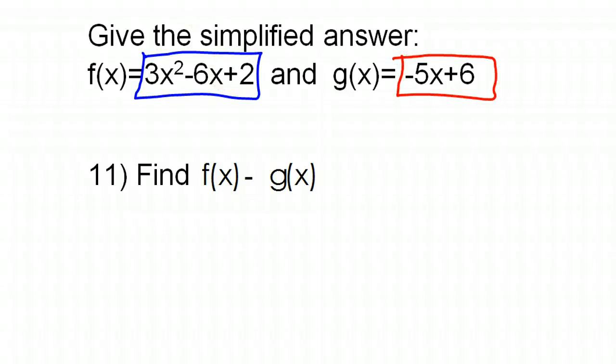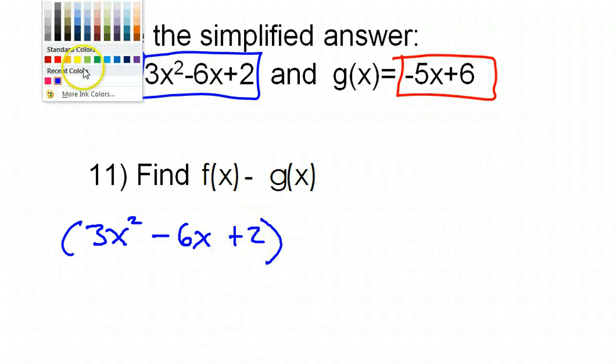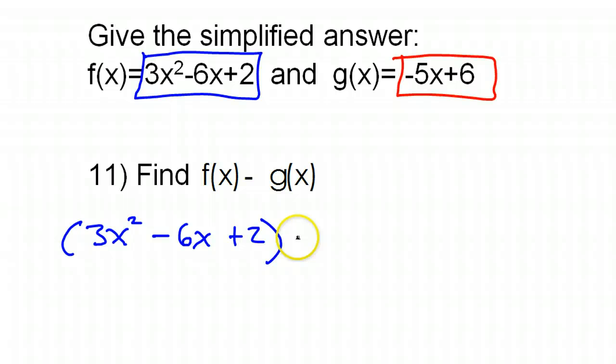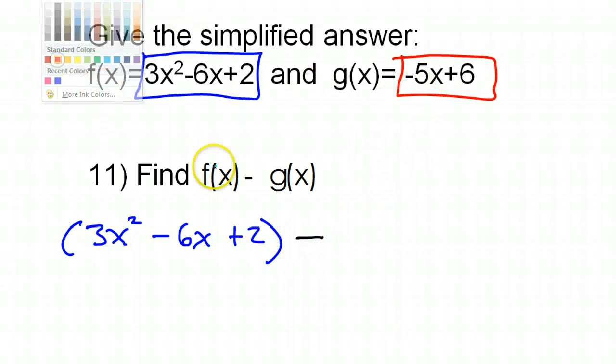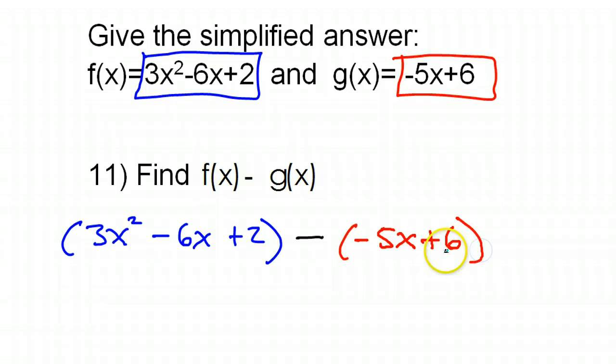Function f is 3x squared minus 6x plus 2, so I'll write 3x squared minus 6x plus 2, but please put that in parentheses. Then we have minus, and then function g, and again put this in parentheses. So this will be negative 5x plus 6.